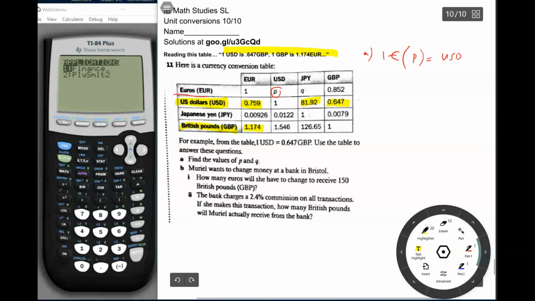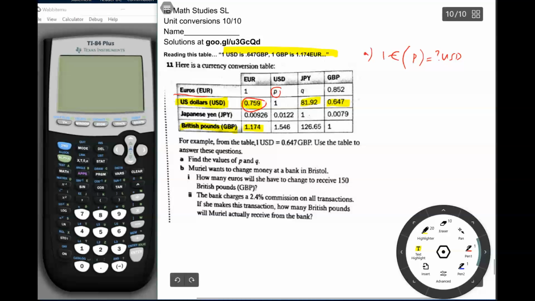Do we have a domino that relates euros and US dollars? Well, besides P, we do have one which relates euros and US dollars here, don't we? And so let's see, what does that domino say?